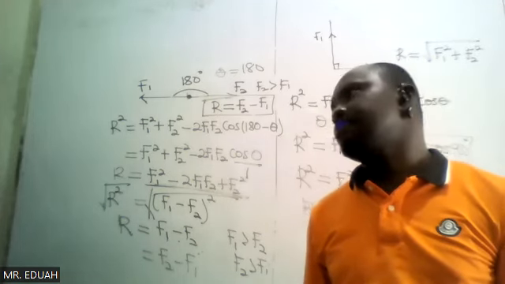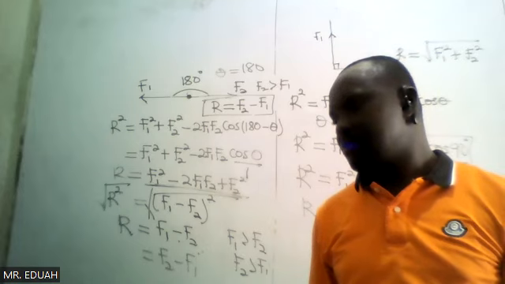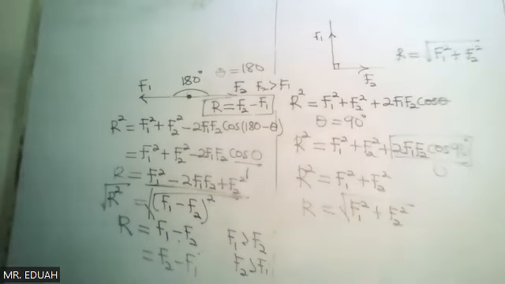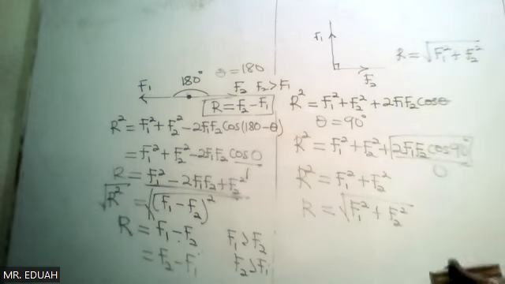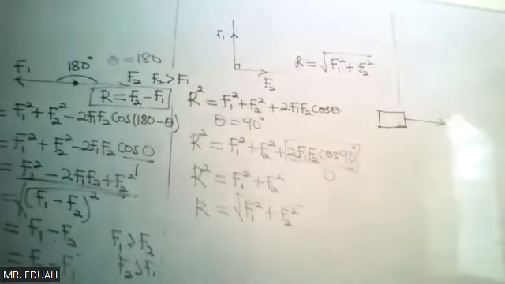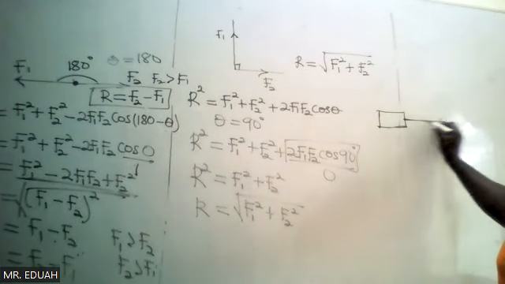Please, the vectors on a straight line, does it have any direction? Here we are looking at maybe a box. Ama is pushing in this direction.